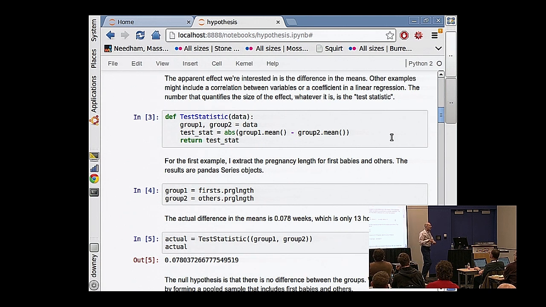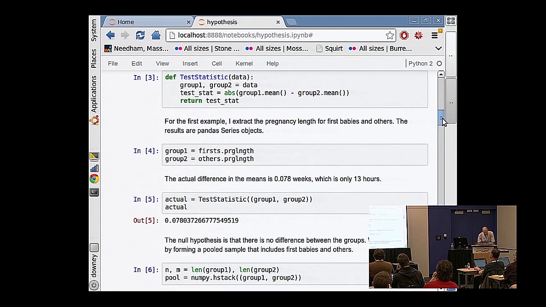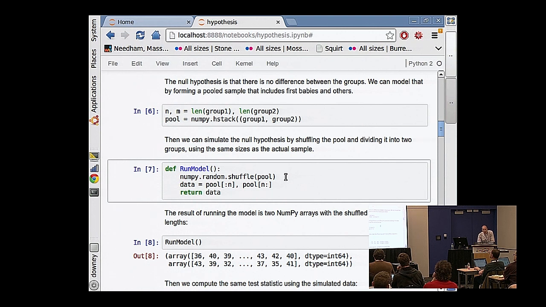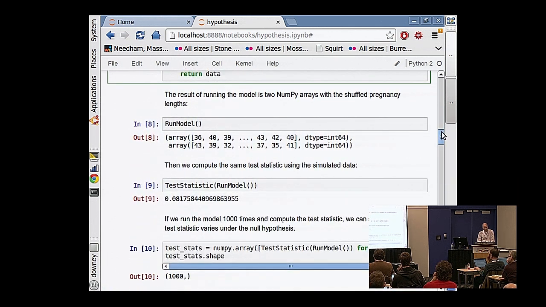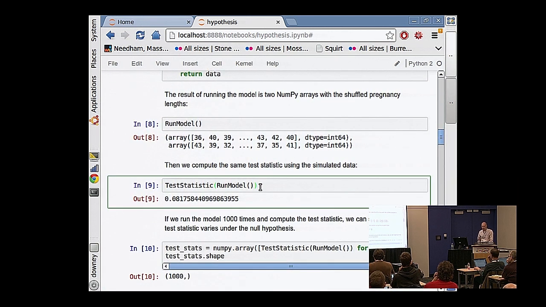And the question is now, if I run the model over and over, how often would I beat that mark? So here's run model. We already looked at that. It shuffles the two groups. And the way I've defined these interfaces, I can run the model to generate fake data and then immediately take that result and compute the test statistic.